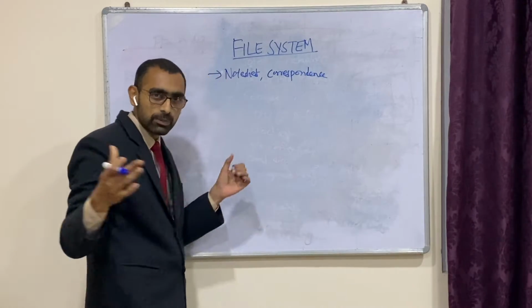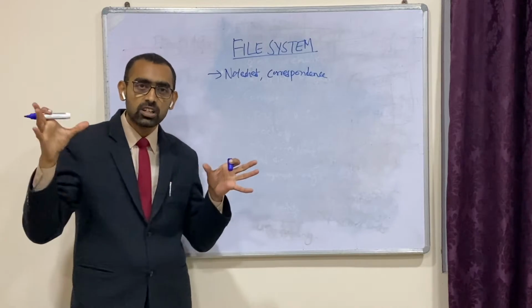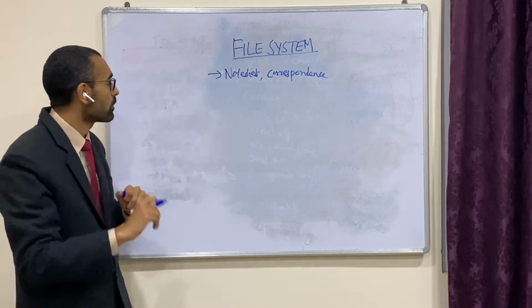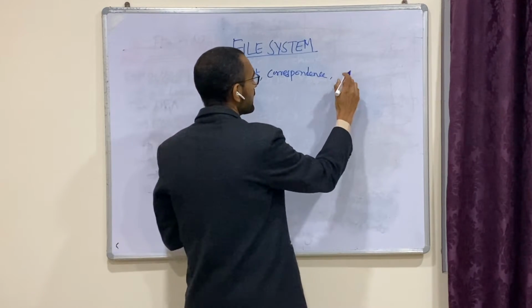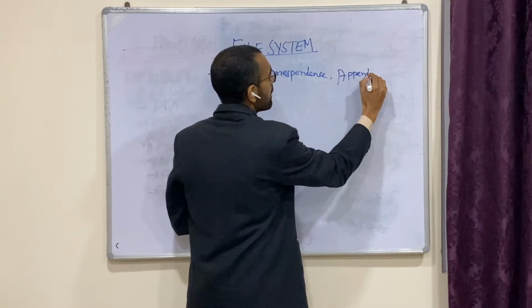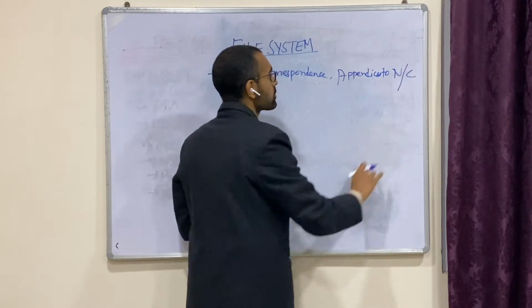Whatever issues and receipts have been done in the context of this file are clubbed together and form the correspondence. And there is another part, the appendices to the note sheet or correspondence.